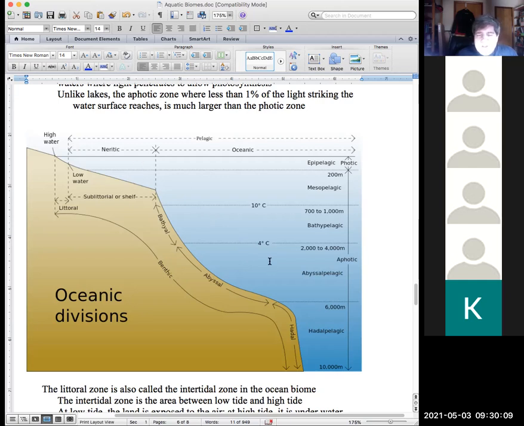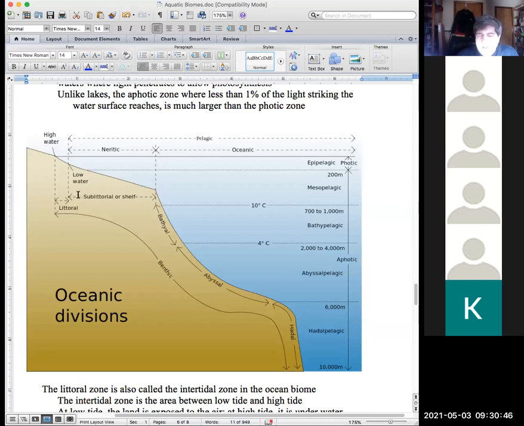So let's look at the oceanic divisions. And keep in mind, we have a littoral zone again. Now remember, the littoral zone was where we potentially saw plant growth when we looked at lakes and ponds. And the same thing is true here. The littoral zone, we usually think about as being on the ground, or maybe I should say on the bed of the ocean. And it corresponds to the photic or euphotic zone.